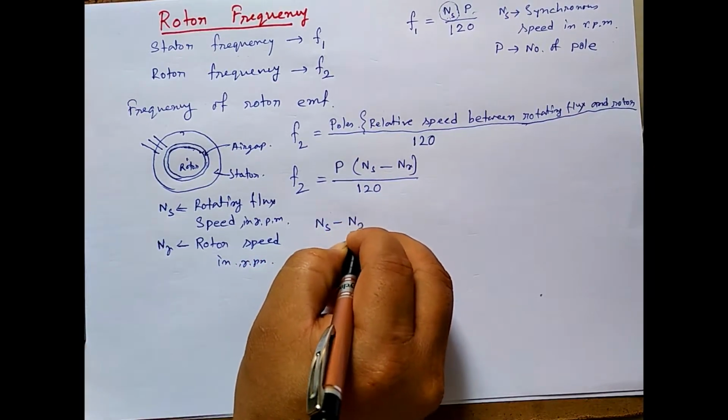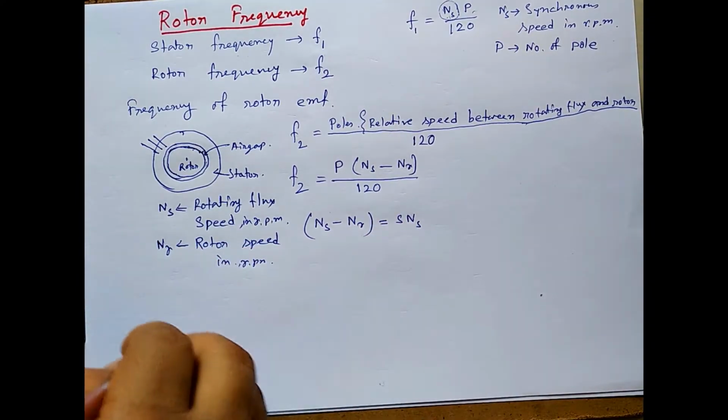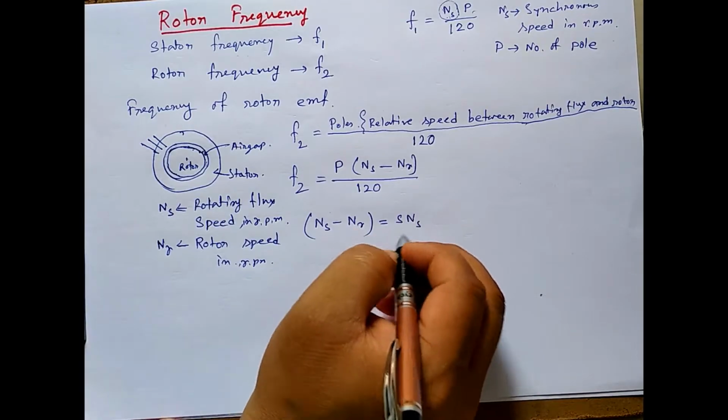Now we know that Ns minus Nr, the relative speed, equals S into Ns, which is also called the slip speed.